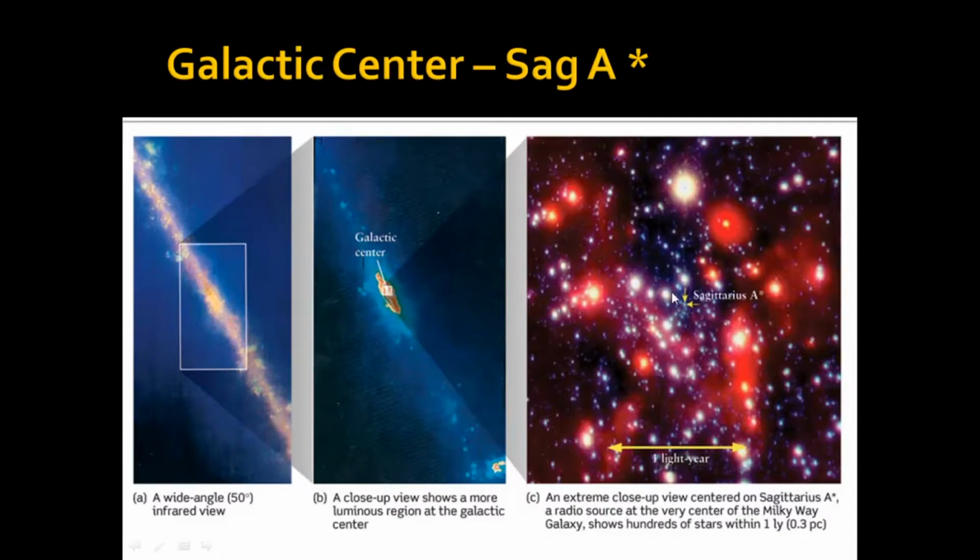There's hundreds of stars within just 1 light year of this region. And what we're able to do is monitor the motions of the stars in the immediate vicinity of Sagittarius A star with essentially infrared detectors. And what we see is that the stars are orbiting this central region with speeds in excess of 1,500 kilometers per second.